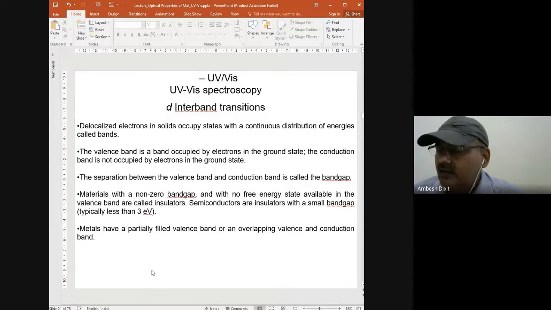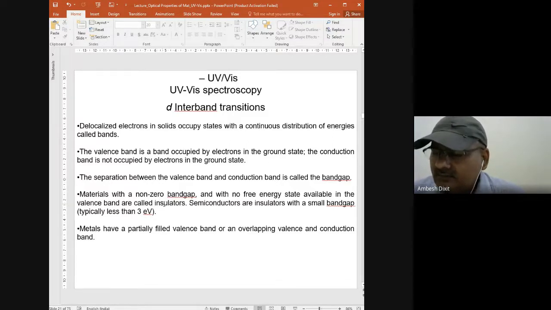So I need all of you to change the perception of the definition you have read so far, and look at the metal from a different perspective. A metal also has a gap, but the topmost band shows some unique features in terms of free energy states available in the valence band, which made it a metal, not an insulator.